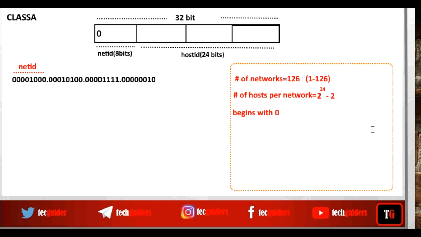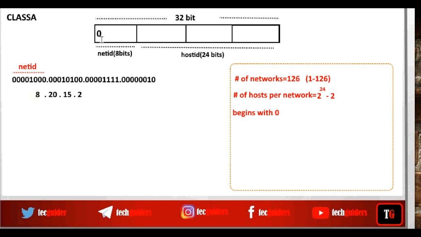Now given a class A IP address in its dotted decimal format, how can we easily identify to which network it belongs, or what portion of it is the network ID and what portion is the host ID? By examining the first octet of the IP address. In classful IP addressing, the leading bits of the first octet are used to differentiate the IP addresses into classes, and hence by examining the range of the first octet we can identify to which class it belongs.